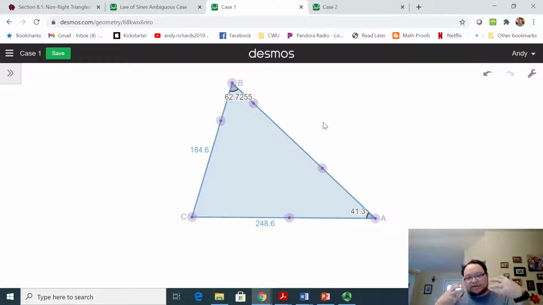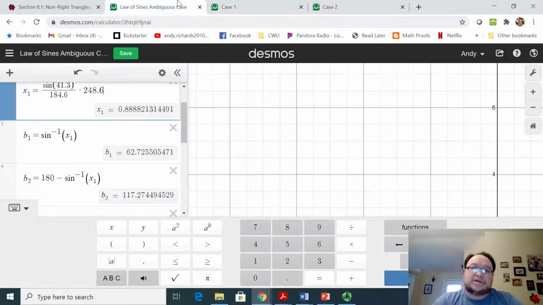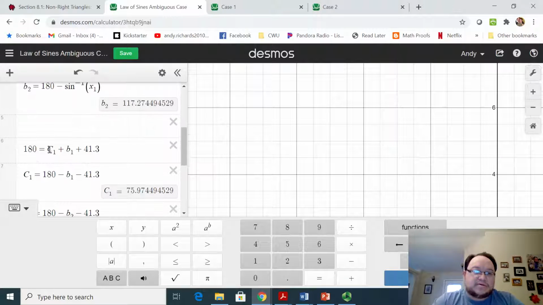So once we've locked those two angles into place, that forces the third angle in our triangle to be so much. So if we were to go with this B sub 1, what does that tell us about the rest of it? Well, we know the angles of the triangle are always going to add up to 180.